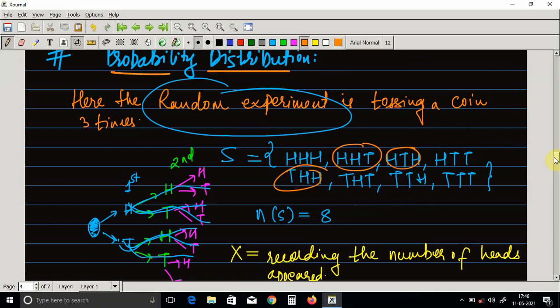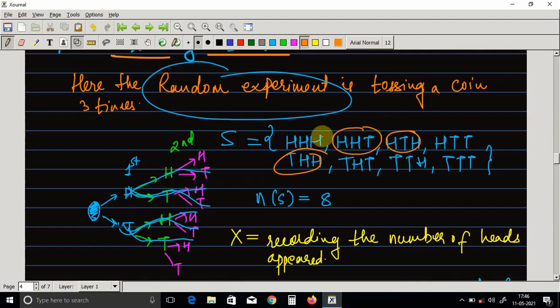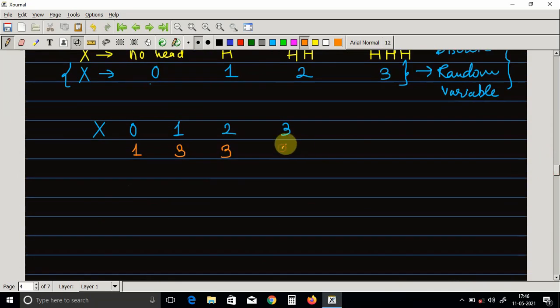Again 3. And three heads, there is only one outcome where you got all 3 heads. So 1. Just recall that this is the frequency of X.